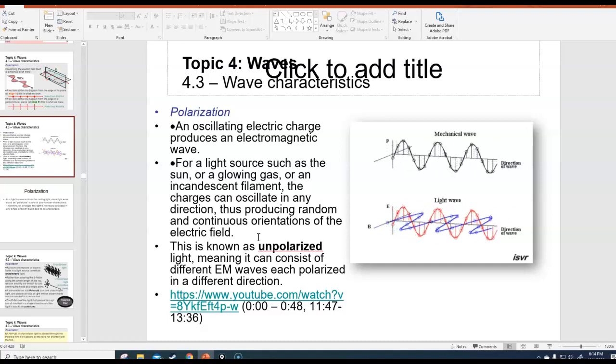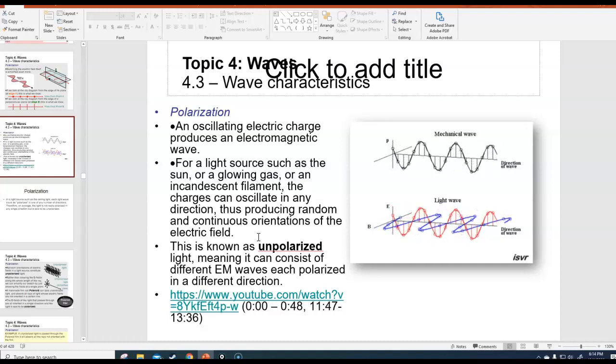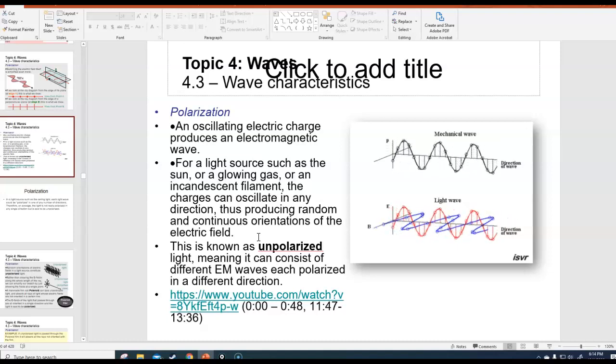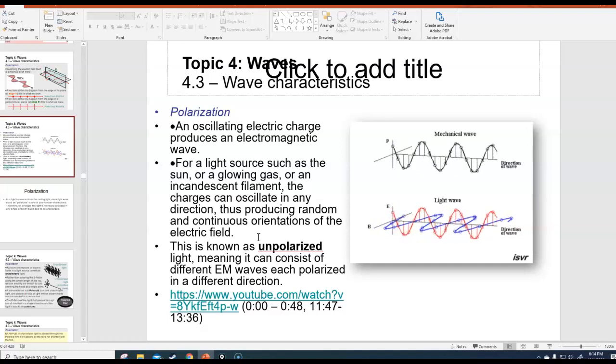So if you have a light source that produces light in a random manner, like the sun or a light bulb, then you get what's called unpolarized light. And by unpolarized light, I mean light that consists of many different electromagnetic waves all oscillating in a different plane. Okay, and so that's what's called unpolarized light.